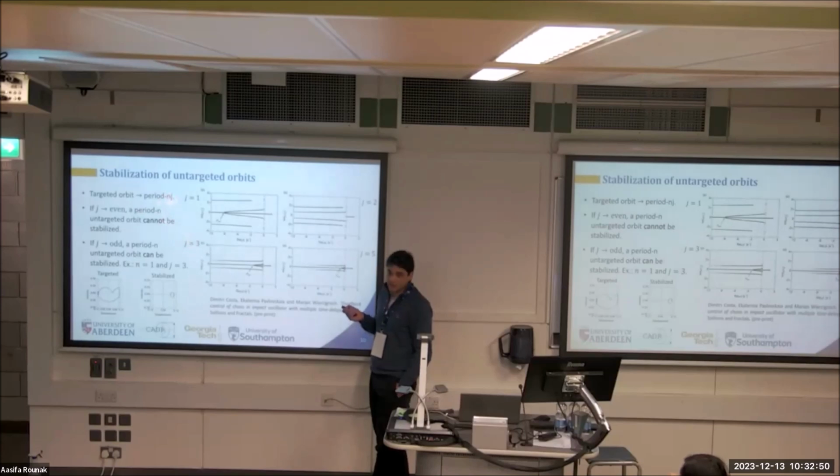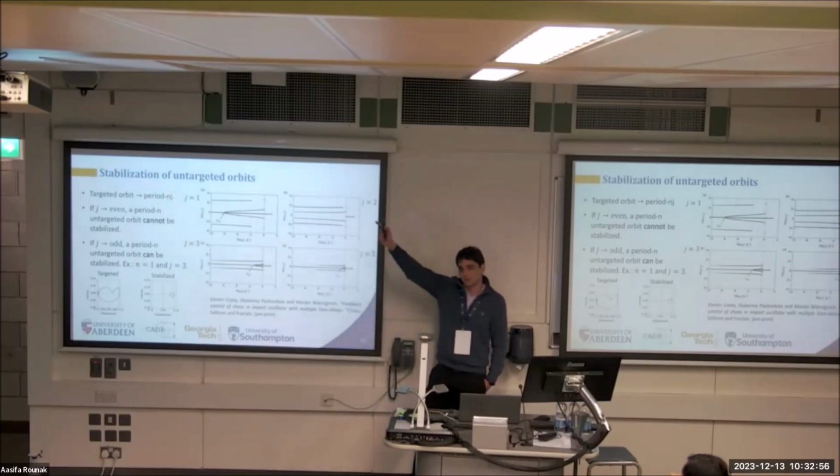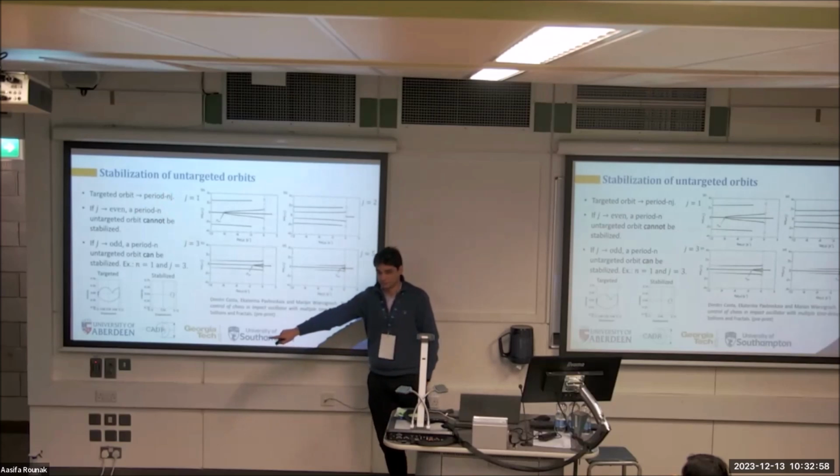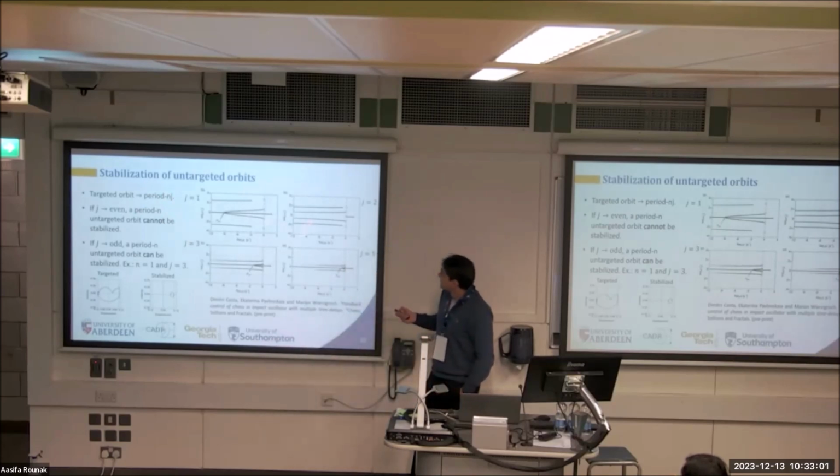What happened in our case, because we have a period 3 and we're stabilizing period 1, is that we aim for the period 3 and we can stabilize the period 1. And this happens because we don't have a shift.